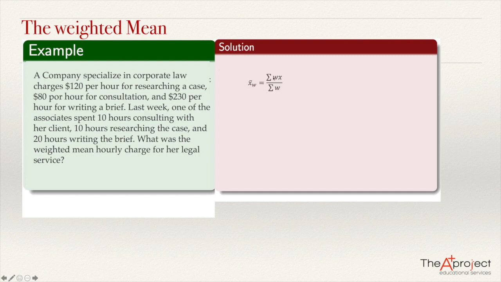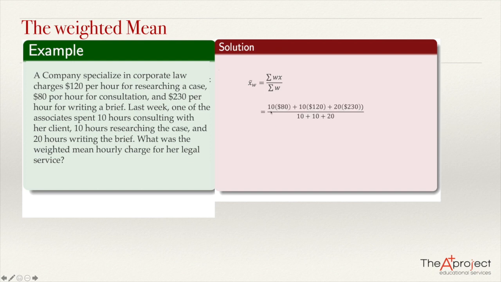The weighted mean equals the sum of the weight times x divided by the sum of the weights. And then it will be 120 times the number of hours they spent researching, for example. That is, they charge 120 per hour, but they spent 10 hours researching the case.